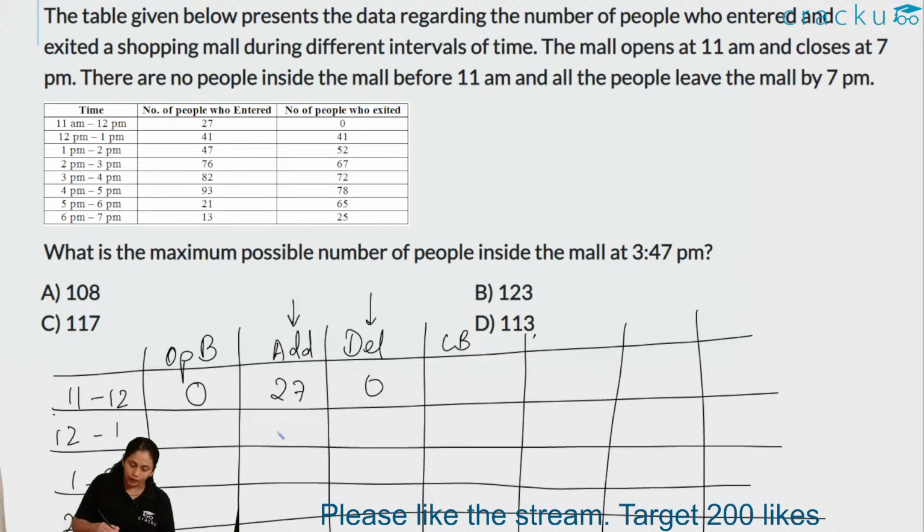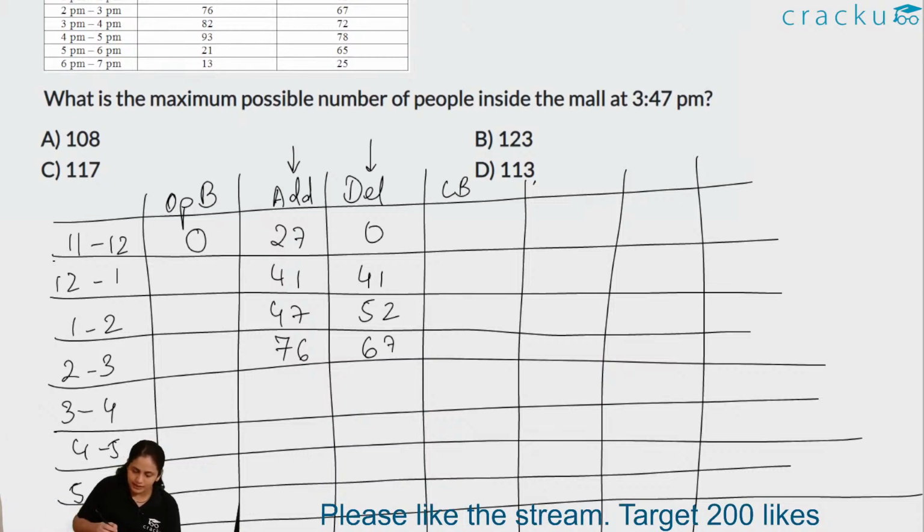So this is 27, 0, 41, 41, 47, 52. This is 76, 67. This is 82, 72. This is 93, 78. This is 21 and 65. And this is 13 and 25.